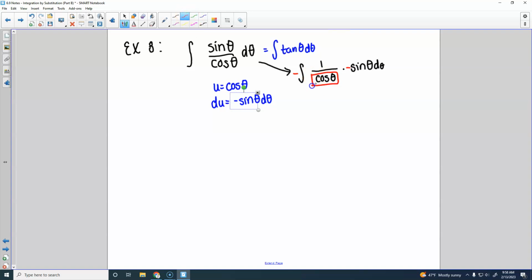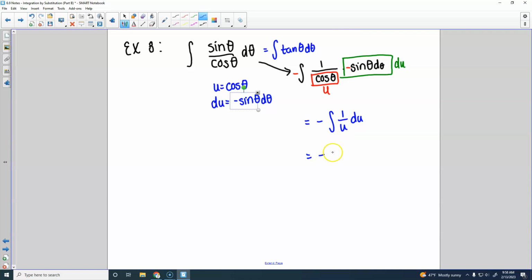So this denominator right here is my u. This stuff over here is my du. And so I would have negative integral of 1 over u du. What is our integral of 1 over u?